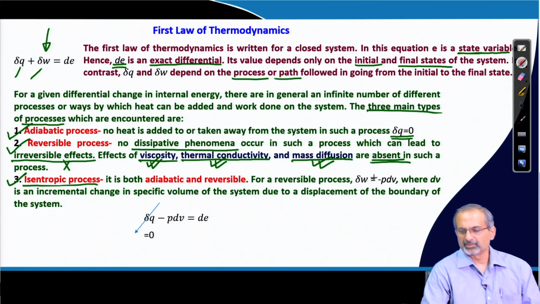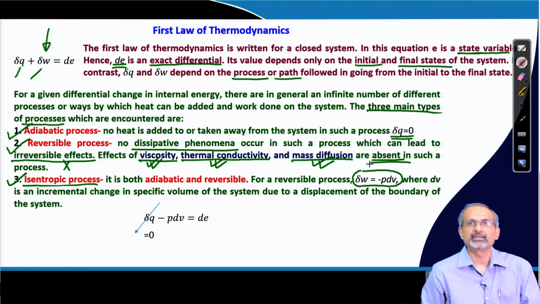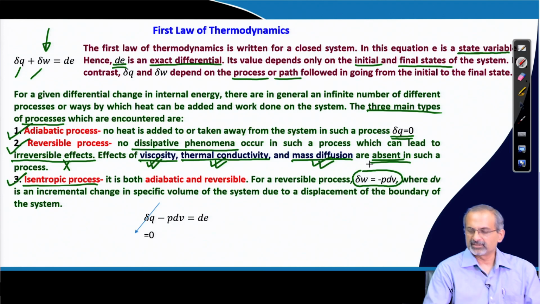So, for a reversible process, we can show that the dW, the work done at the system boundary, can be expressed as the product of minus P times dV. dV is the incremental change in specific volume of the system due to a displacement of the boundary of the system.